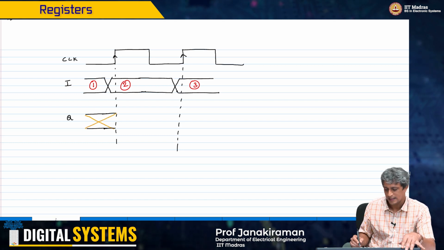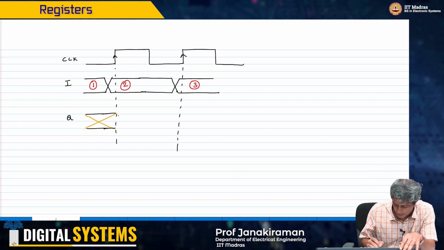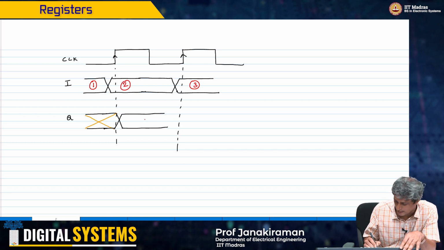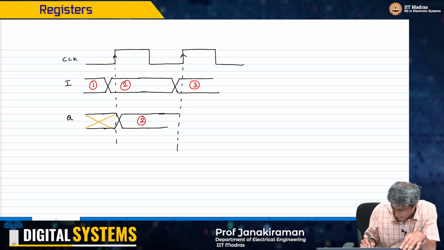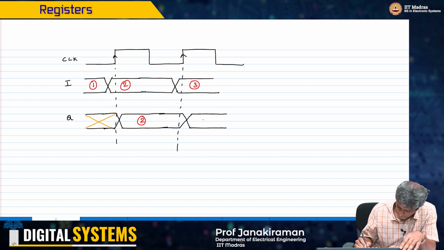And then I am going to now sample the state 2, and Q will switch, assuming there are no delays. This is just a functional simulation. Then this will switch to state 2, and at the next clock edge, it will switch to state 3.